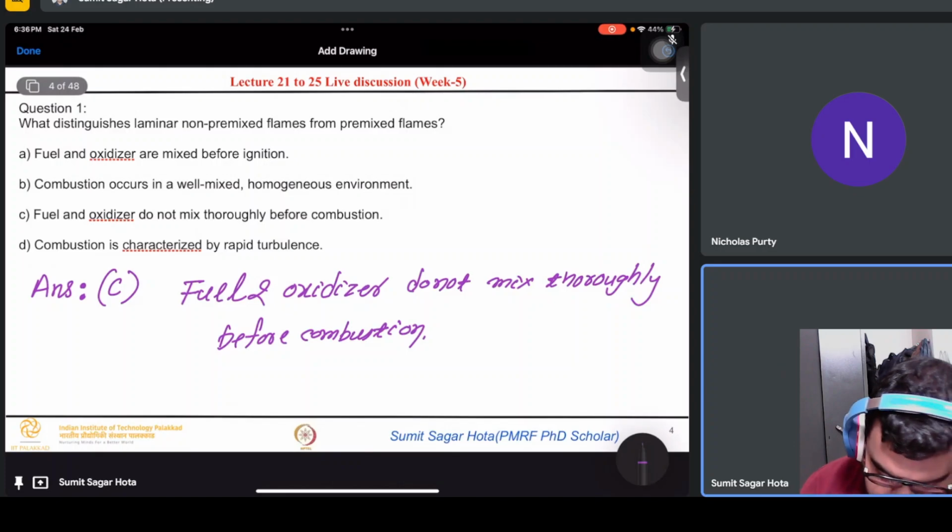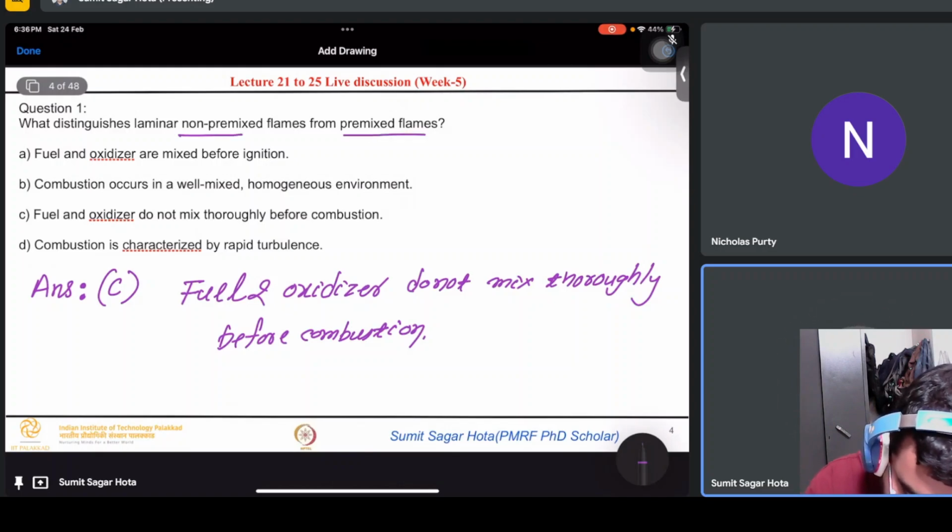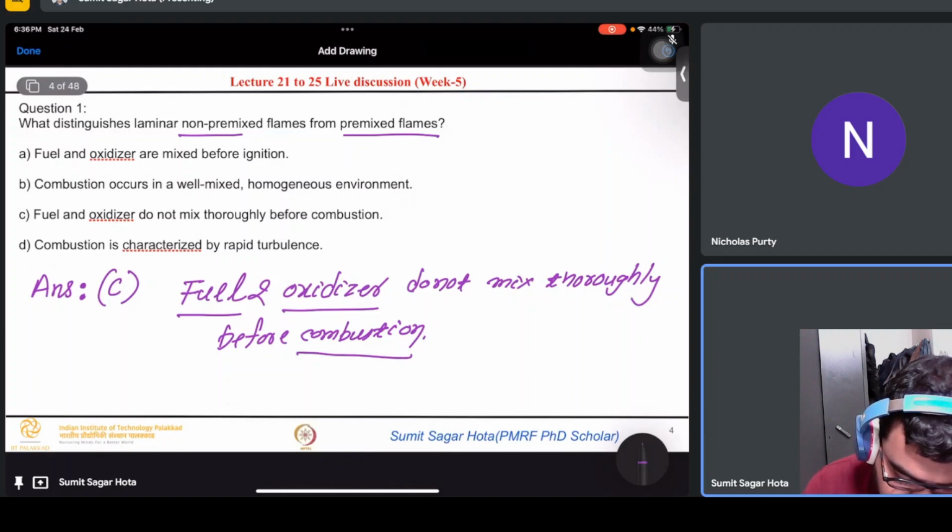The basic difference between the laminar non-premixed and premixed flame is how the fuel and oxidizer are mixed. In a non-premixed flame, fuel and oxidizer are separate.